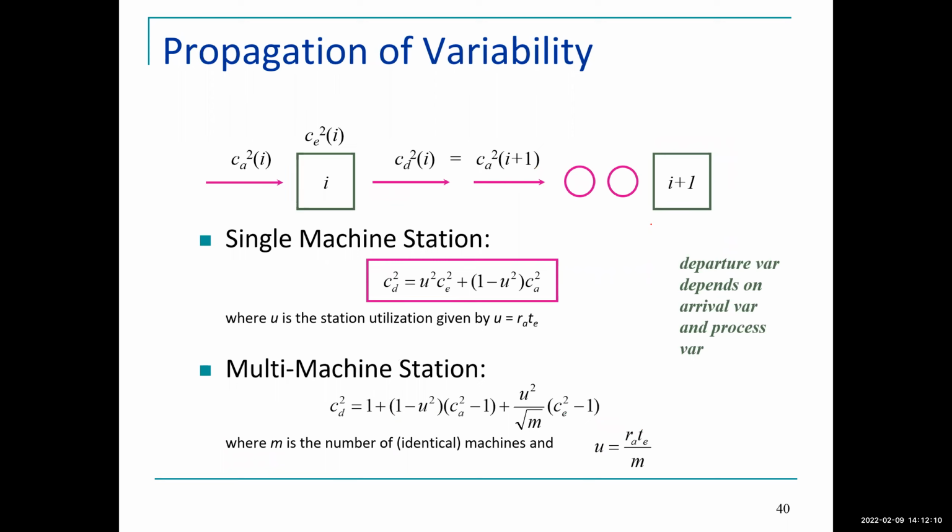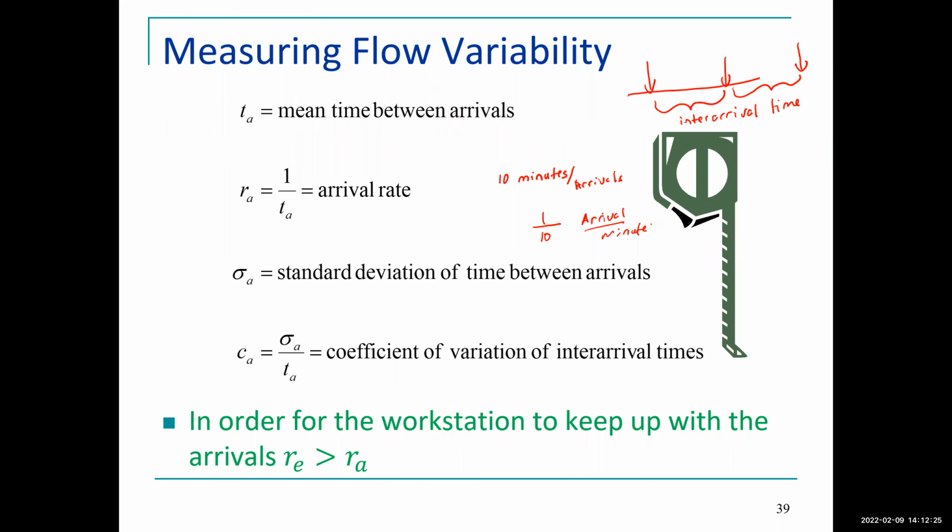So for the propagation of variability, I have here an example that is trying to illustrate how this is spread out through the line. Yes. So what that's stating is that the bottleneck rate is greater than the arrival rate.